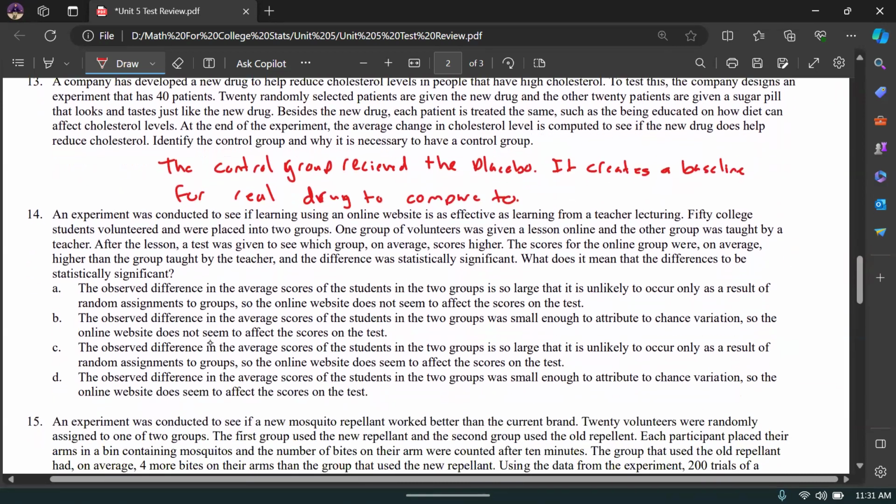That's it. If I ever ask what's the point of a control group, just say it's meant to be a baseline, right? That's what it's for. A control group is meant to perform as a baseline.